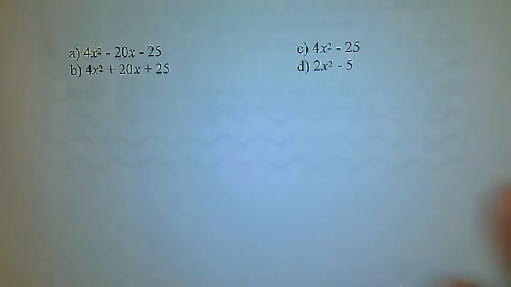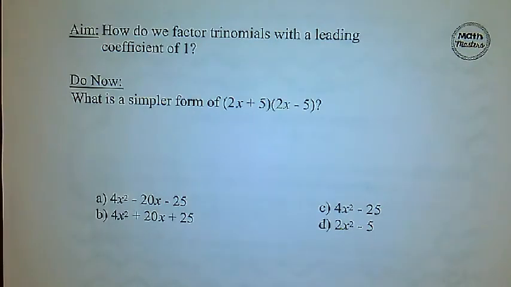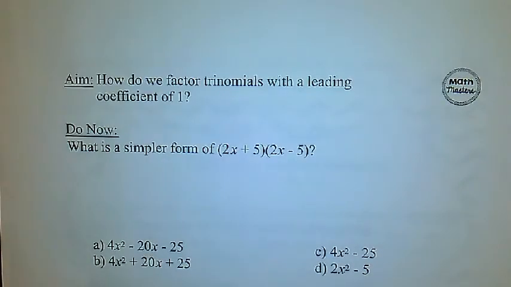Alright, so today we are going to be working with trinomials with a leading coefficient of 1. Before we do the do now, let me just explain what that means. When we have our trinomial, this is always going to be in the form ax squared plus bx plus c.